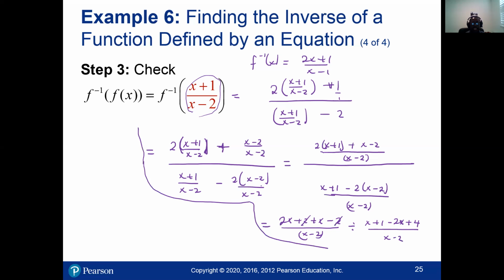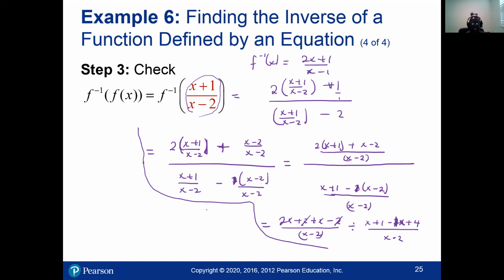Oh, sorry, this is 1 because f inverse of x is divided by x minus 1, not 2. This is 1. Sorry, that should be the numerator here. This should be 1, and this should be 1. So that should be 1x. That's a correction there, because f inverse is divided by x minus 1, but I wrote x minus 2.